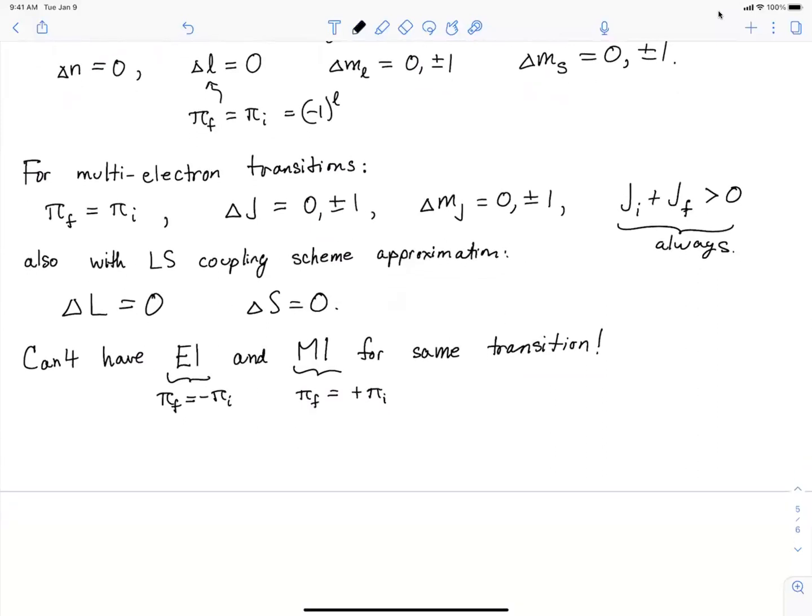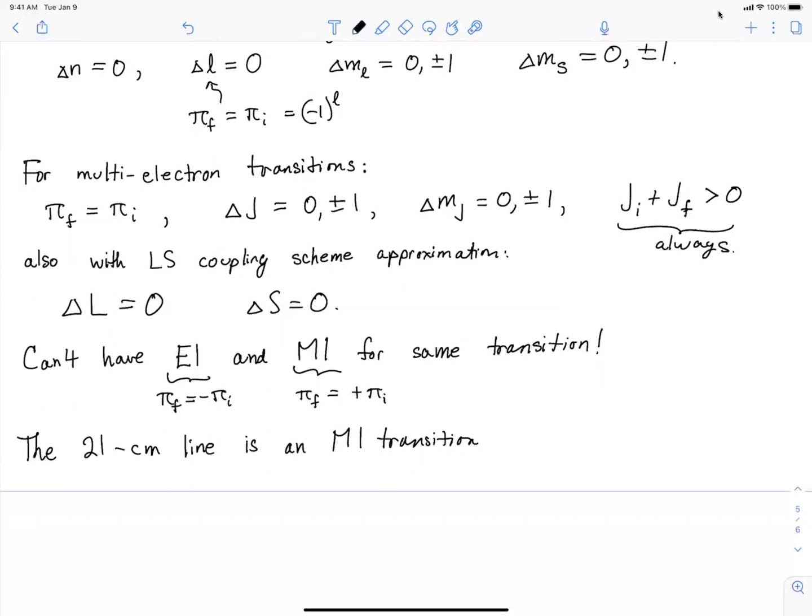Okay, so in fact, the 21 centimeter line, which we've talked about several times, is what's called an M1 transition. Okay, it doesn't change the principal quantum number. Remember, it's a transition between the two n equals 1 states of hydrogen, so it's not changing n, and it's not changing L, but it is changing the spin.